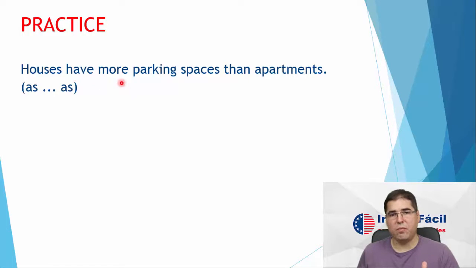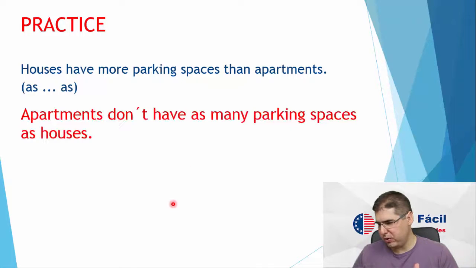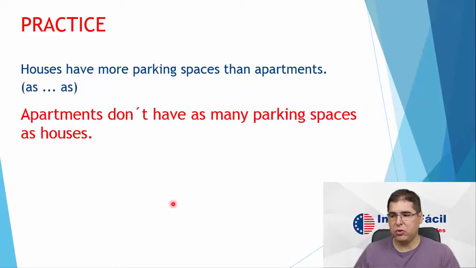Houses have more parking spaces, so they are different. Sentence goes in the negative, and I'm going to use as many as, right? So, apartments don't have as many parking spaces as houses.